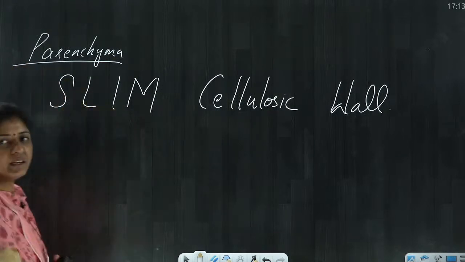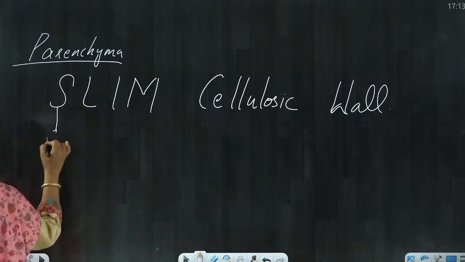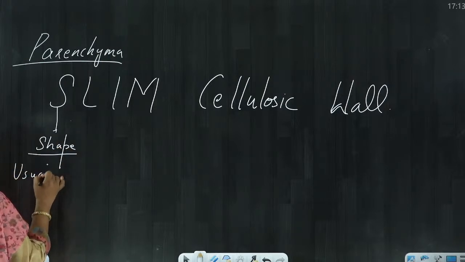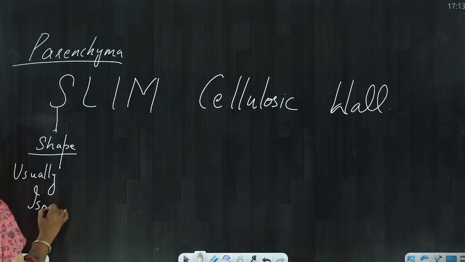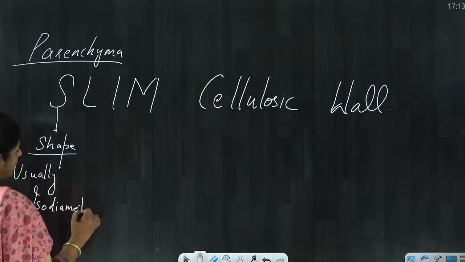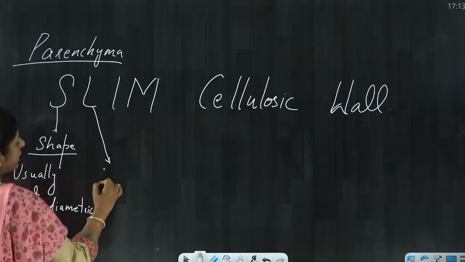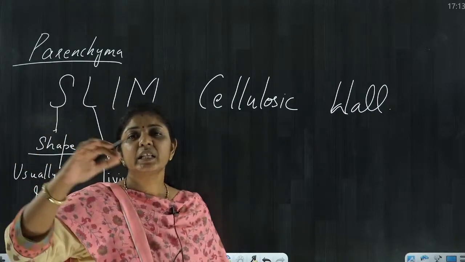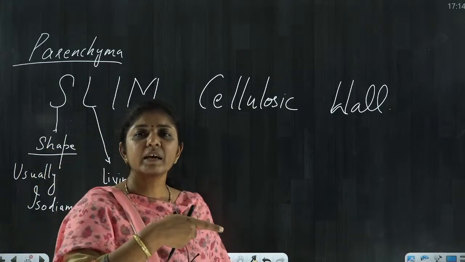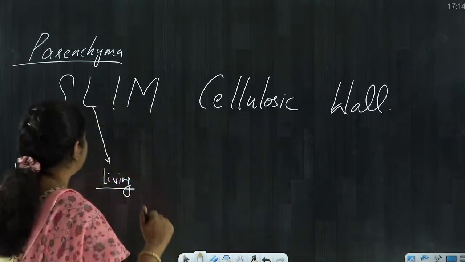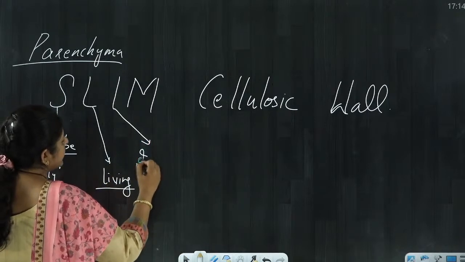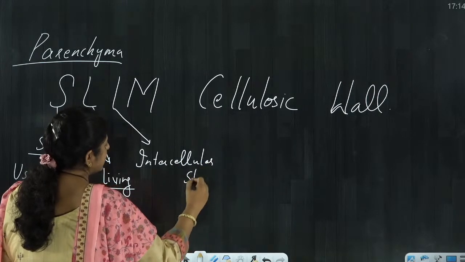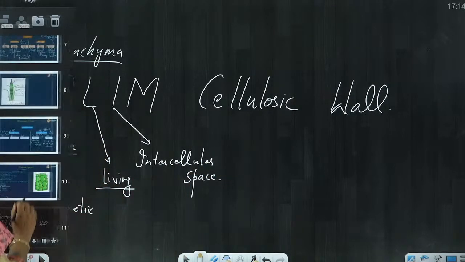How is it telling you the features of parenchyma? S stands for shape, which is usually isodiametric. L stands for living cells, they are not dead cells. We will learn in Sclerenchyma they are dead cells, but these are living cells. Next, I stands for intercellular space. What do you mean by intercellular space?